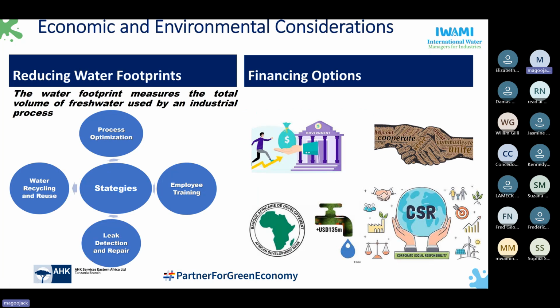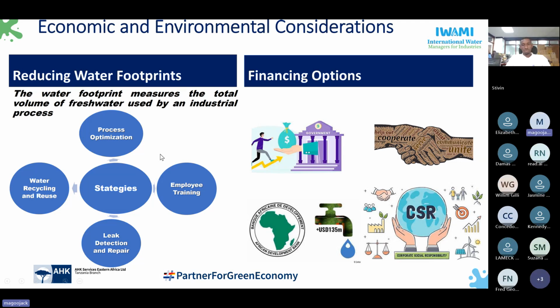Another aspect of the water use and reuse module is on economic and environmental considerations, and how do we now reduce the water footprint? By water footprint, it means the amount of water that is needed for various uses within the industries. In order to minimize the amount of water that will be needed for various activities, there are various strategies. I think we have talked about this one, but one is through process optimization, water recycling and reuse, employee training. You can train them on the best way of saving water or of using water.